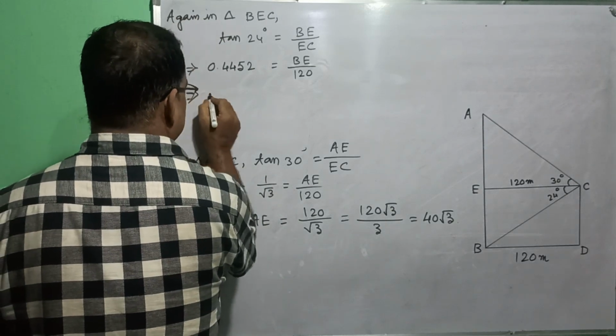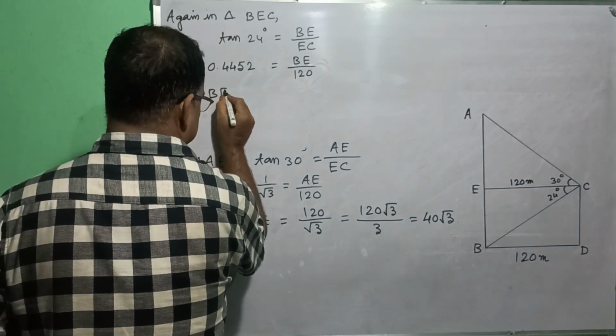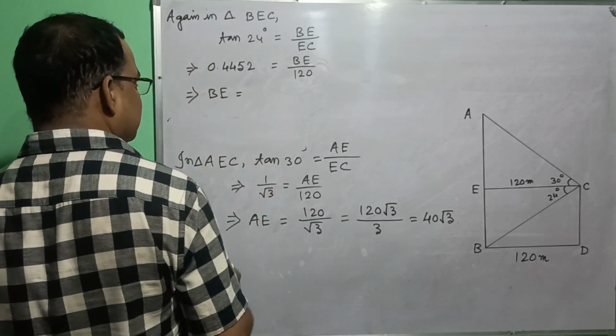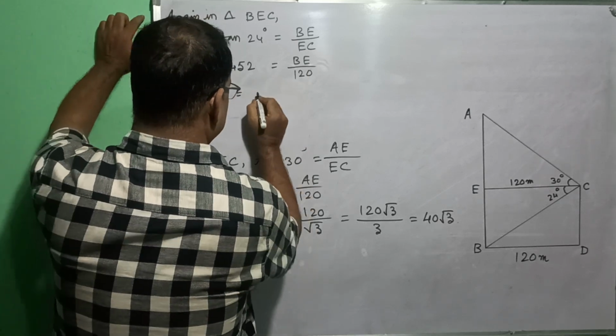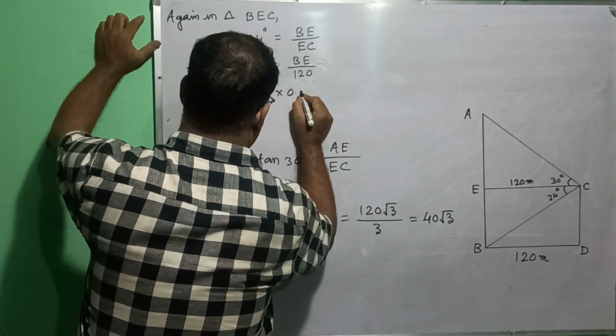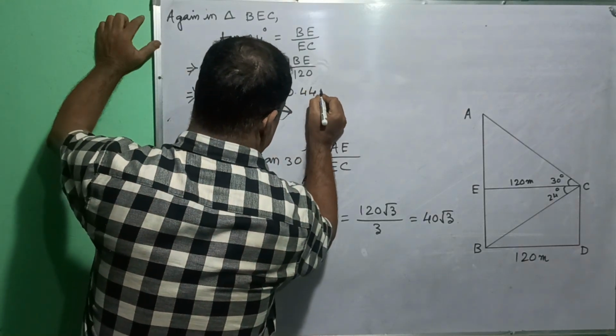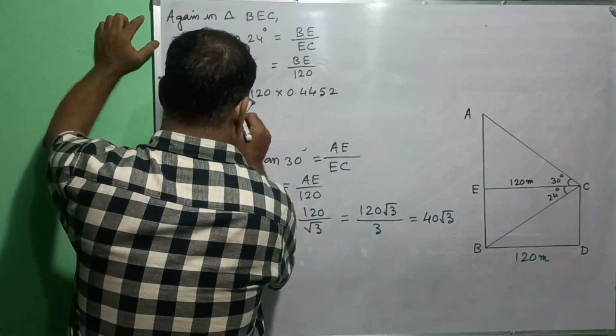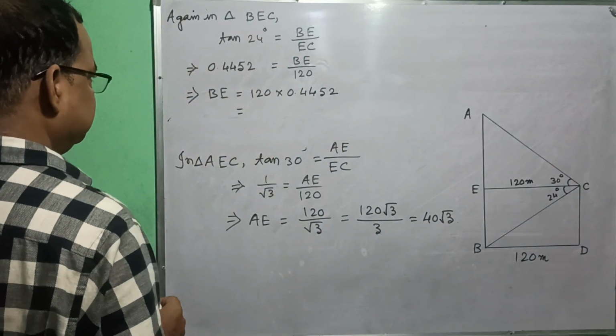This implies BE equal to 120 into 0.4452. So we have to multiply it.